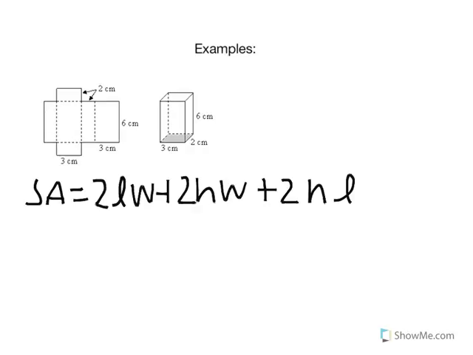Now we're going to categorize each number to represent length, width, and height. Okay, so 3 is the length, 2 is the width, and 6 is the height. Okay, so we're going to plug these numbers into this equation.